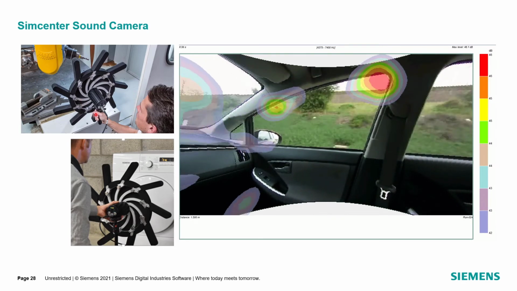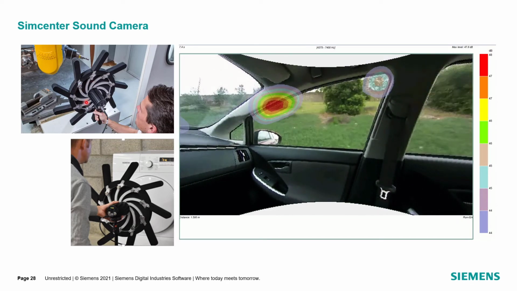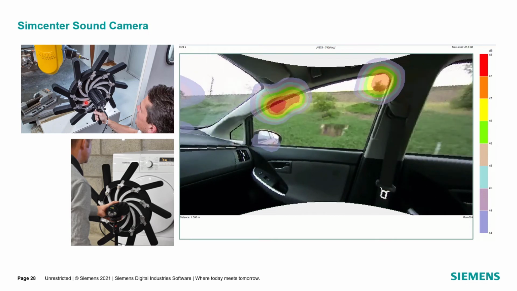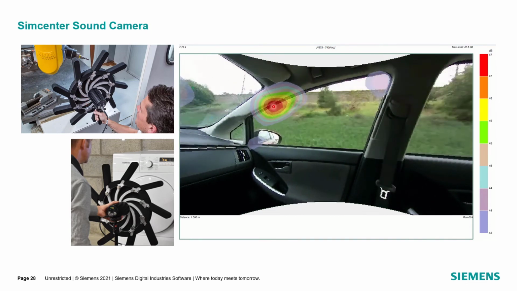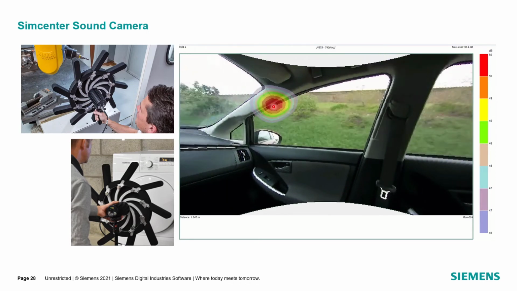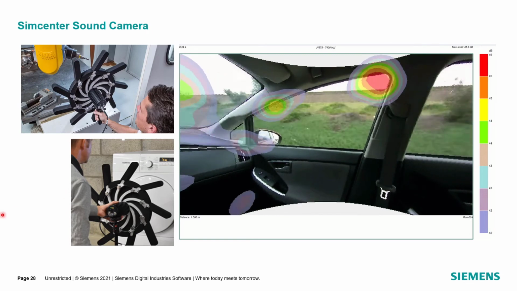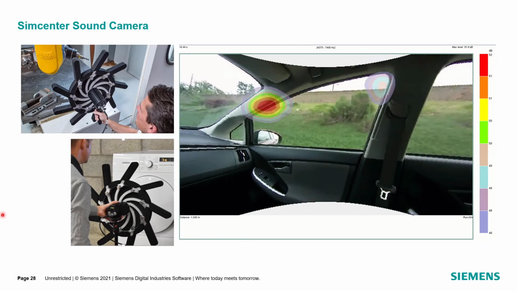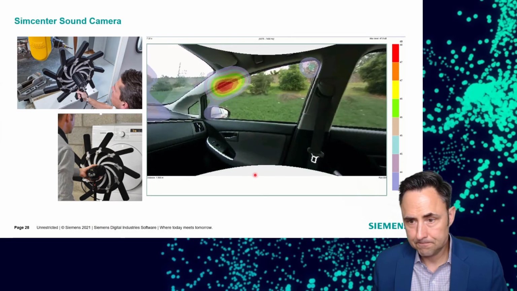It's even got a handheld grip, where we could just walk around our component and look at it from all different angles. Essentially this processing, what you're seeing in this video, is being done in real time, so it makes it a very powerful diagnostic tool where we can do sound source localization in real time.